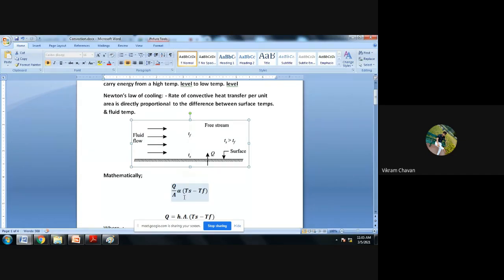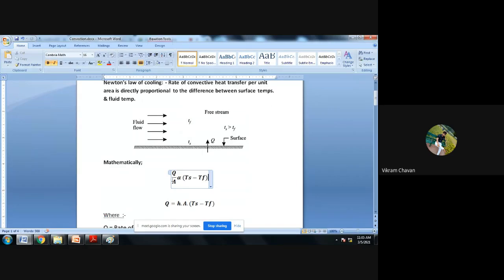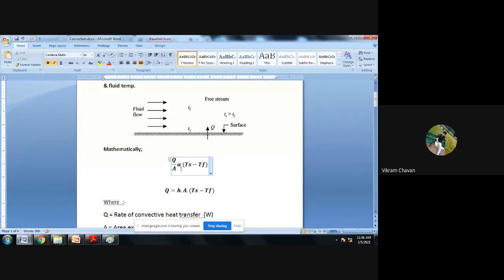Q by A, heat transfer rate per unit area, is also called the heat flux. So Q by A is directly proportional to T suffix S minus T suffix F, where T suffix S is the surface temperature of the plate and T suffix F is the fluid temperature flowing over that plate.